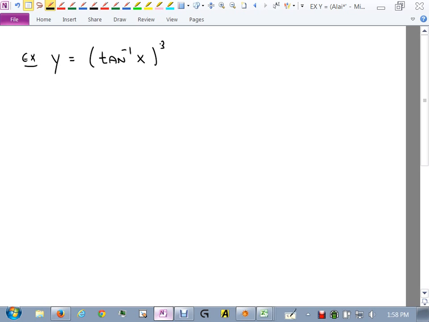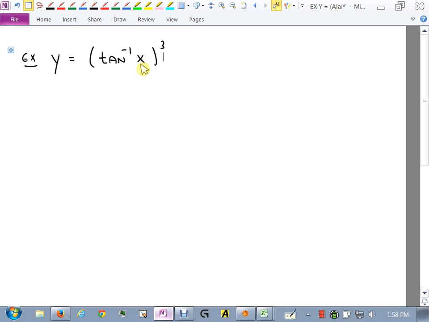So what's the difference between this one and the last one? Yeah, the order of things is different, right? The last thing happening here is what? The last thing that we would be doing. Cubing. Cubing is the last thing, right?